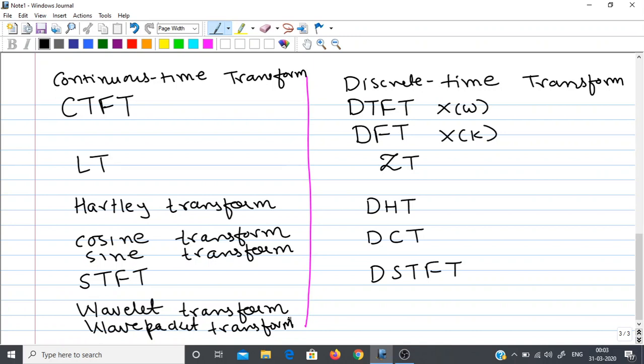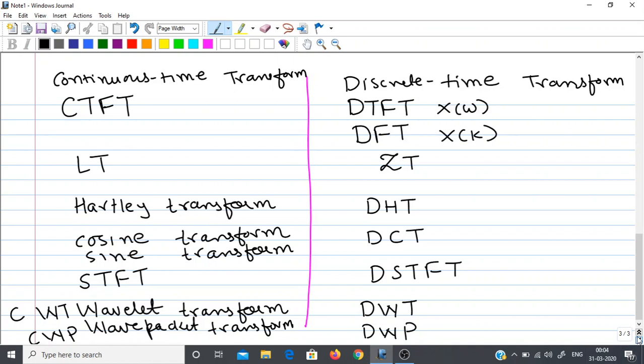Now the question comes, do we have a discrete counterpart of the wavelet transform? Yes, we have, and we call it the discrete wavelet transform. The continuous counterpart is called the continuous wavelet transform, and the continuous wavelet packet transform. This is the discrete wavelet transform, and similarly we can have the discrete wavelet packet transform.